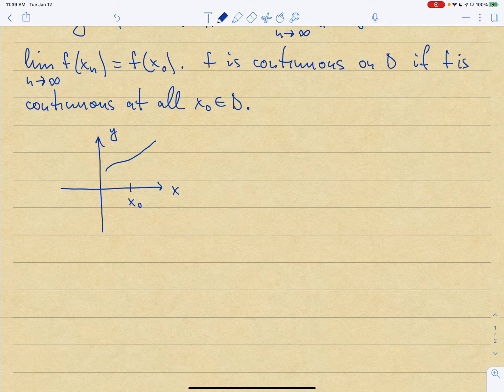Now, what does it mean that we have a continuous curve? It means that simply I can draw the graph of f of x at the point x0 without, as we said back in regular Calc 1, lifting the pen off the paper. So this function is continuous at x0.